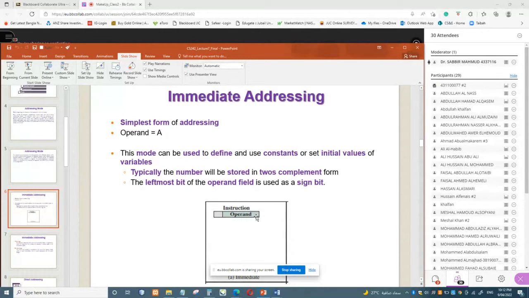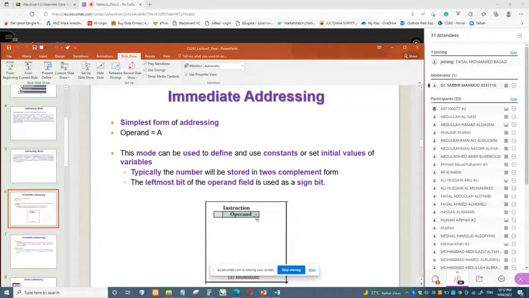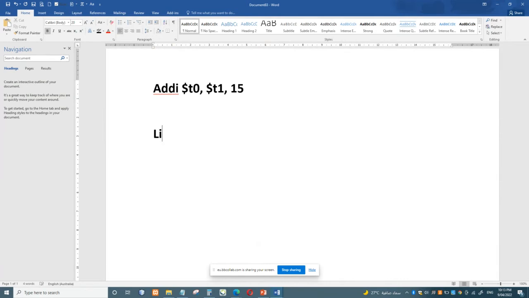If you have only a 16-bit instruction and need to specify an operand, for example in the li instruction, li $d0, 5, you can see that one operand is a constant value and another operand is a register.